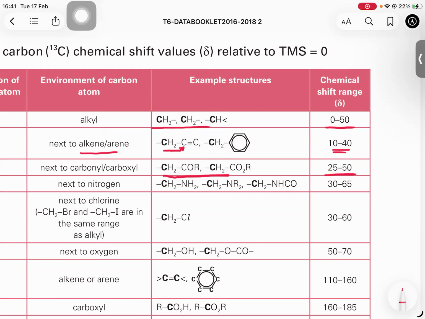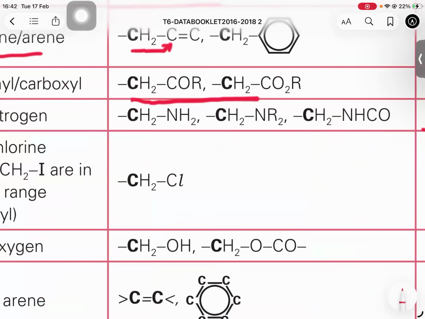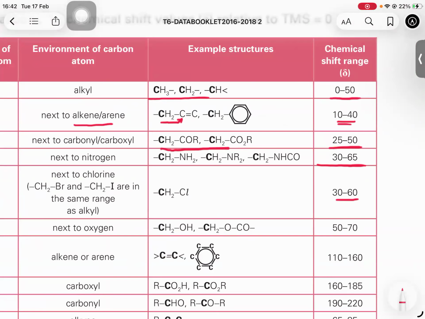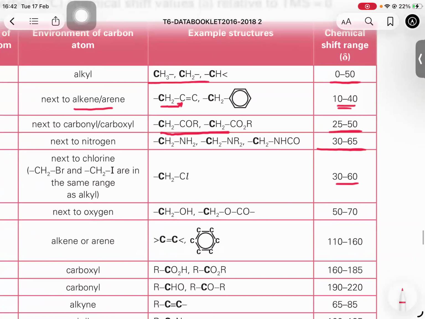Next to nitrogen, 30 to 65. Carbon that is next to halogen is 30 to 60. And the carbon that is next to oxygen is 50 to 70. These are the chemical shift values. You're not supposed to memorize them, I'm just giving you an idea of how you have to look at this.